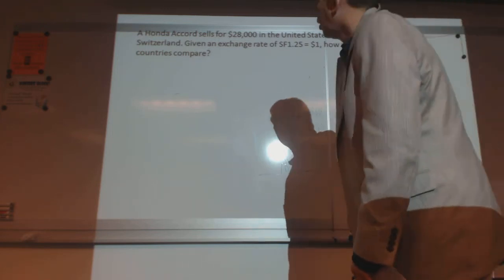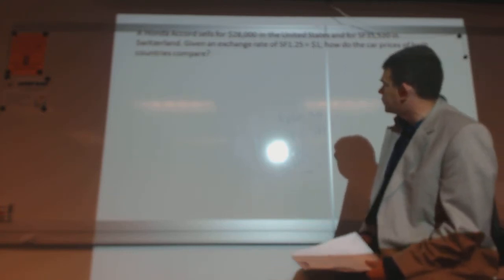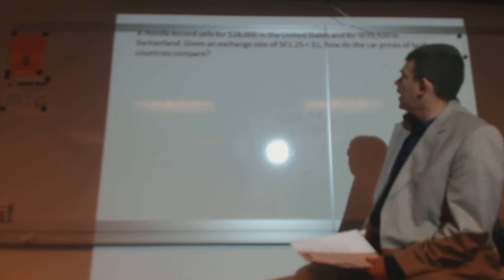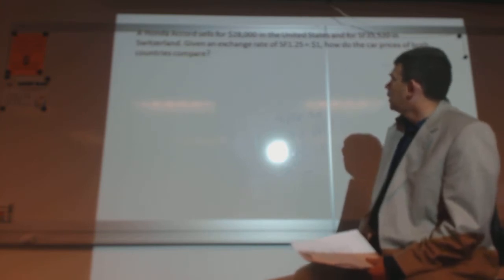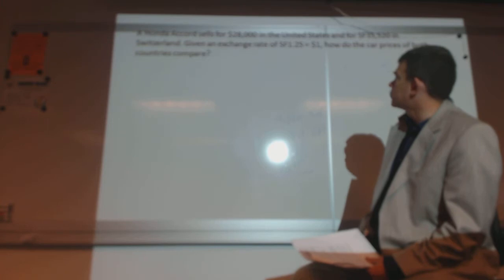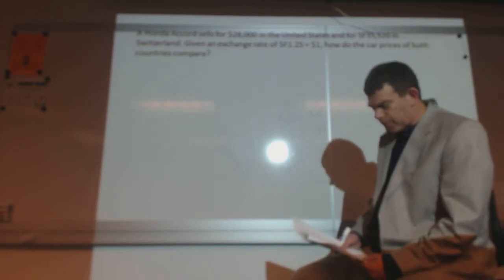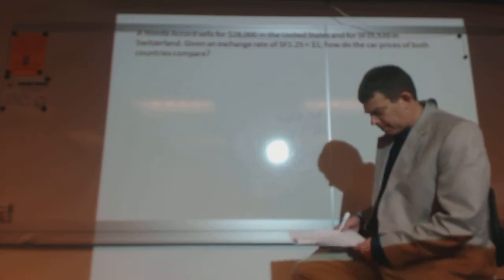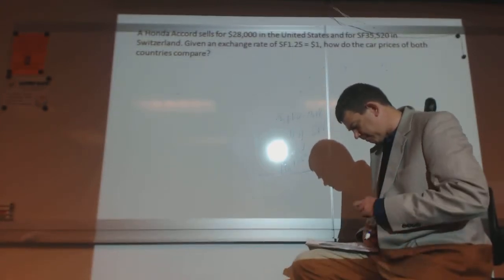It says a Honda Accord sells for $28,000 in the United States and 35,520 Swiss francs in Switzerland. Given an exchange rate of 1.25 Swiss francs equals $1, how do the car prices of both countries compare? And here's how you do that.